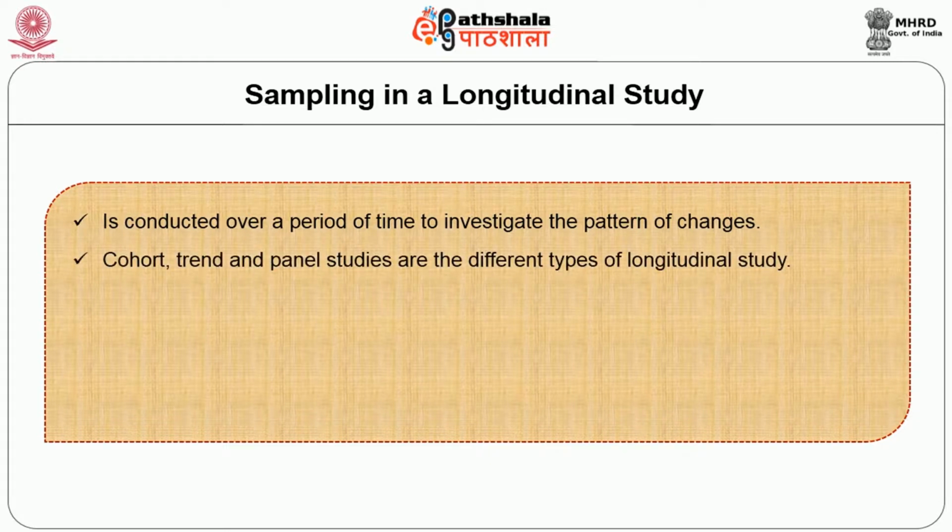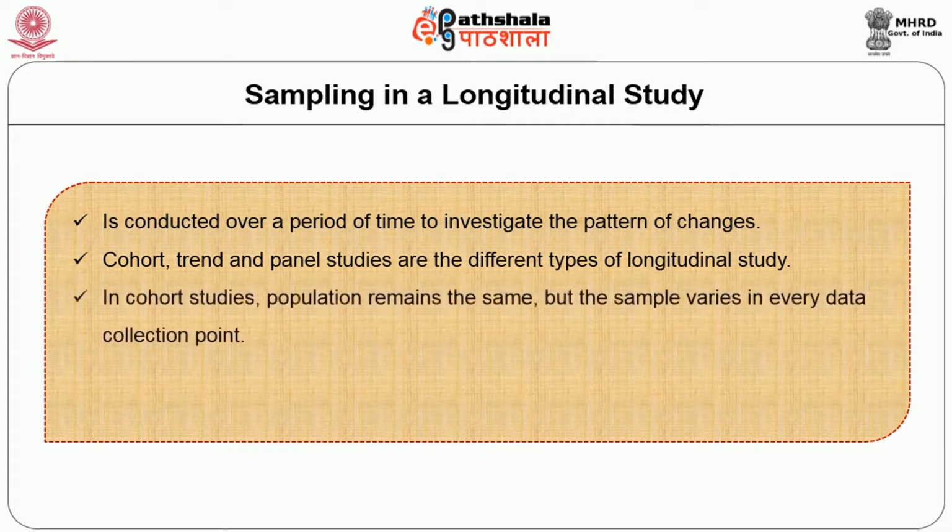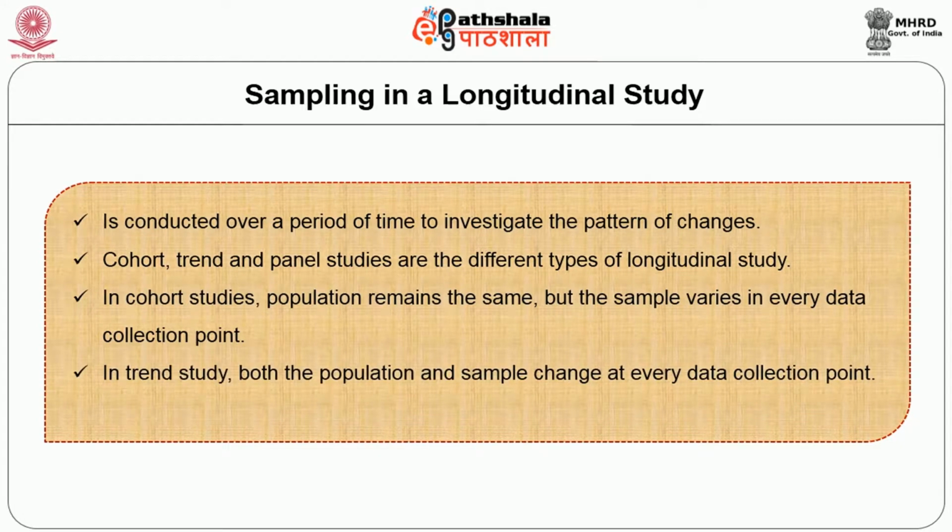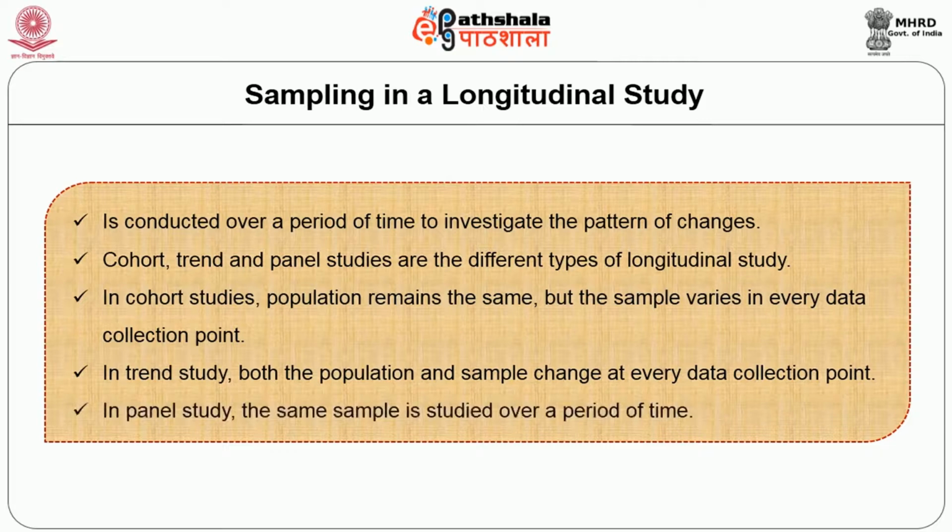Cohort, trend and panel studies are the different types of longitudinal study. In cohort studies, population remains the same, but the sample varies in every data collection point. In trend study, both the population and sample change at every data collection point. In panel study, the same sample is studied over a period of time.